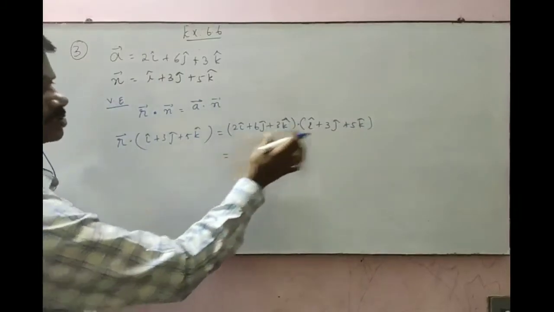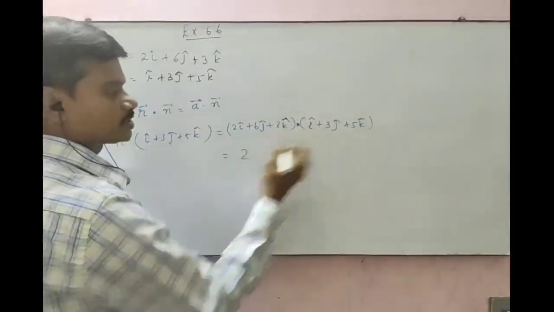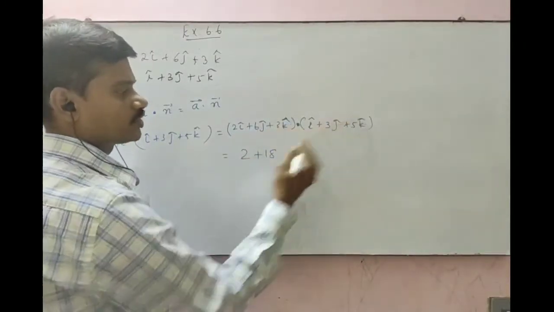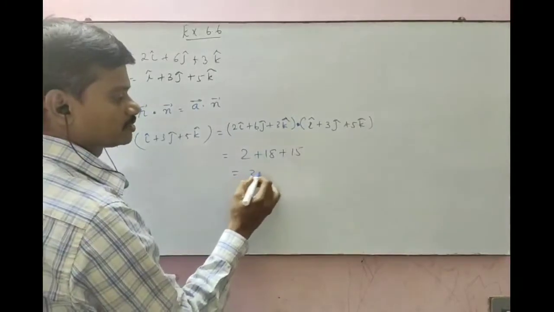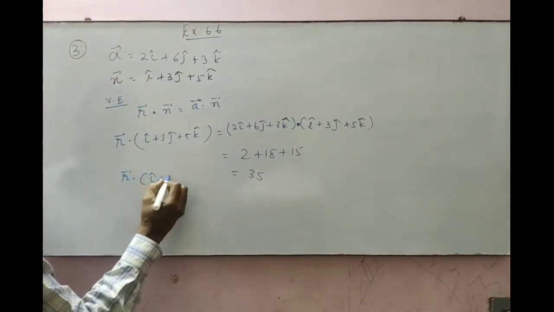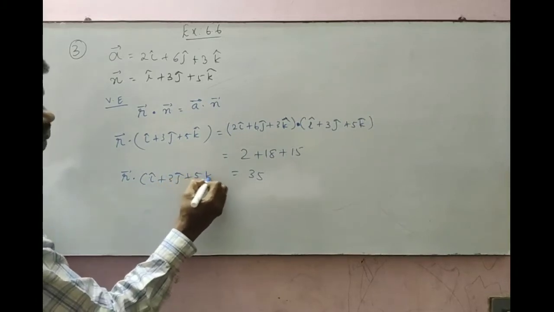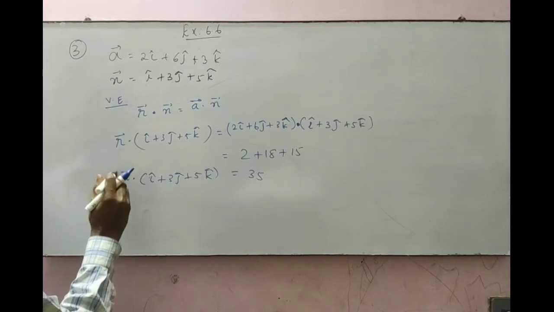So I am going to take the dot product of these two vectors. So 2 into 1 is 2, 6 into 3 gives 18, 3 into 5 gives 15. So 2 plus 18 plus 15 is 35. So r dot i cap plus 3j cap plus 5k cap is equal to 35. So this is the vector equation.